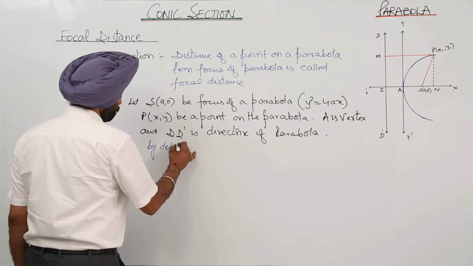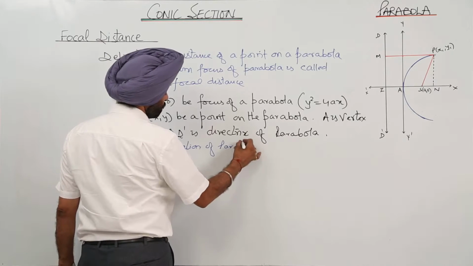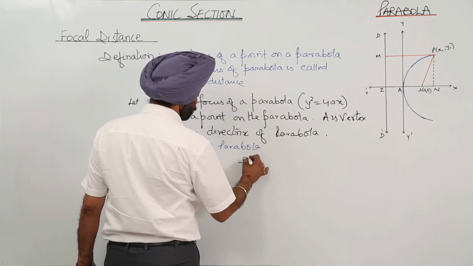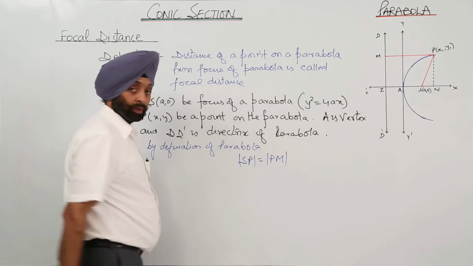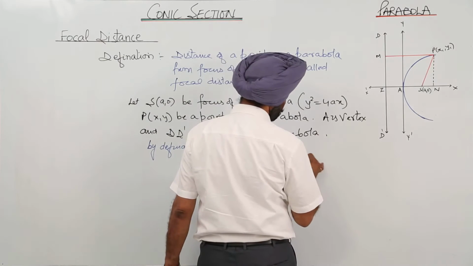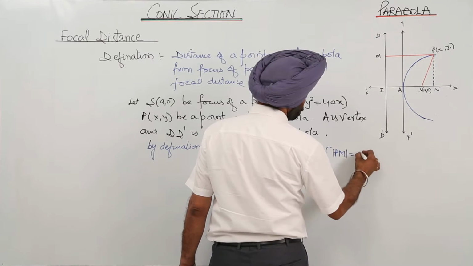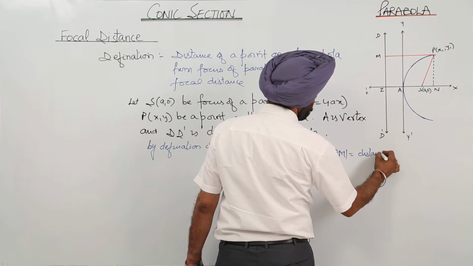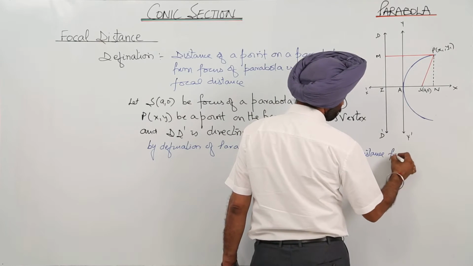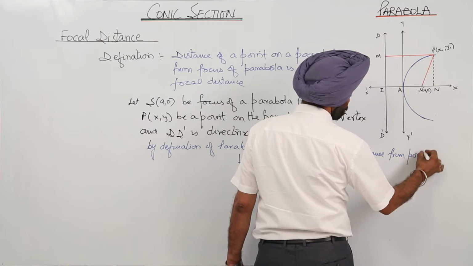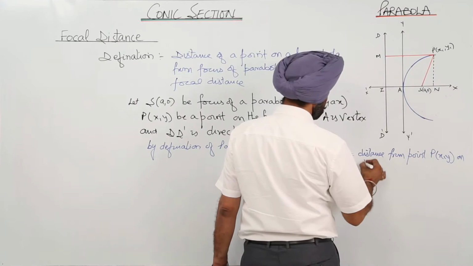Now by definition of parabola, SP is equal to PM. Now what is PM? Distance from point P on the directrix.